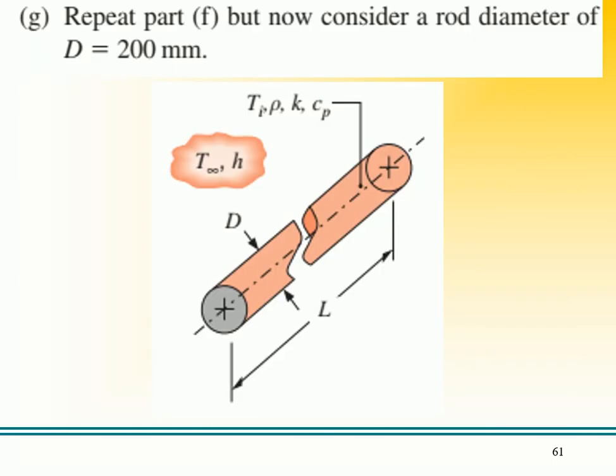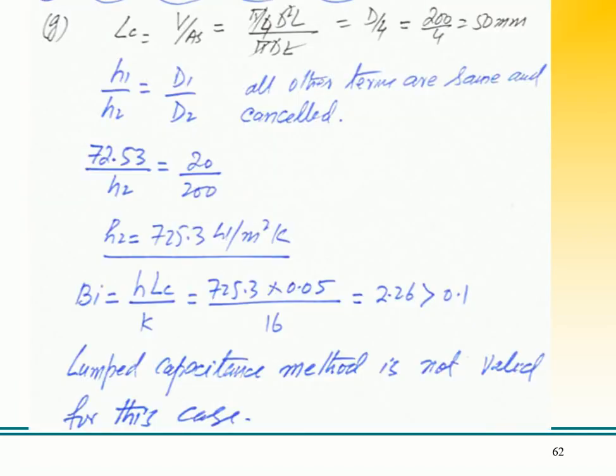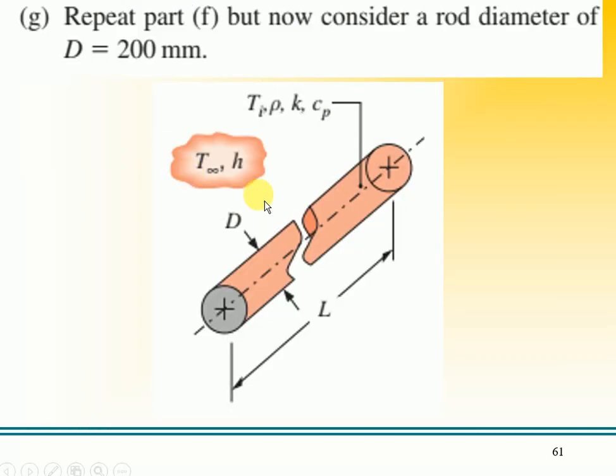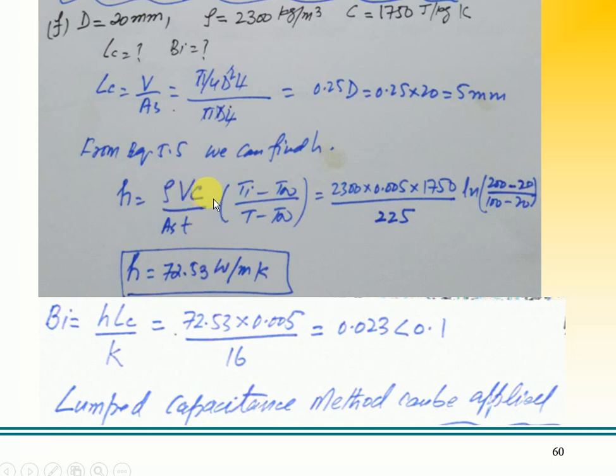Now repeat the problem, part F, it says, but now consider a rod diameter of 200 millimeter. So it is the same problem, of course, but the diameter has been increased. So of course we can find the convective heat transfer coefficient, but just by comparing these two, all other parameters in the case of h, rho, V, C, A_s, t are to be cancelled out.